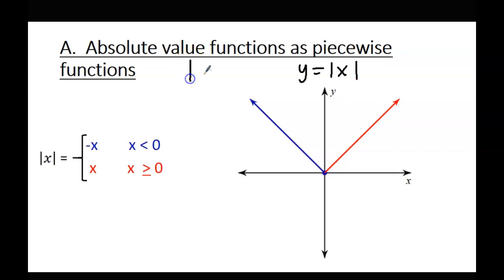But let's talk about that a little bit more. Calculus doesn't really like absolute value functions, so we're going to do something about this. Calculus doesn't like sharp turns. The reason calculus doesn't like sharp turns is because they have no slope.